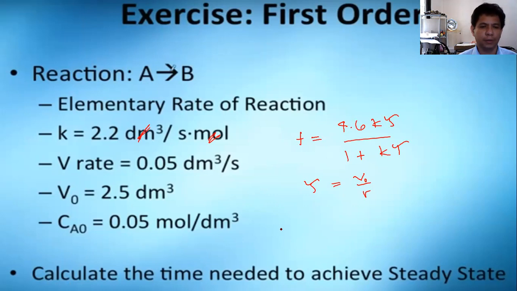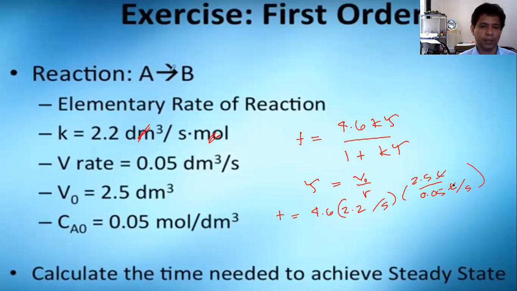Solving for time, we have 4.6, times tau, which is the volume, 2.5 liters, divided by the volumetric flow rate, 0.05 liter per second.